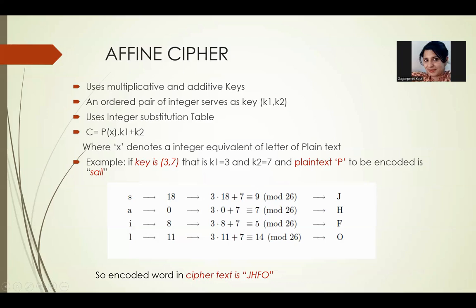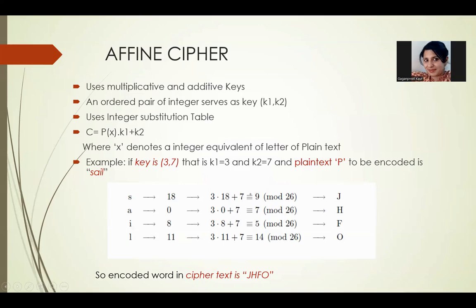Similarly, for A, it is 3 into 0 plus 7. 7 mod 26 is 7 only. Then 3 into 8 is 24. 24 plus 7 is 31. 31 minus 26 is 5. And 3 into 11 is 33, plus 7 is 40. 40 mod 26 is 40 minus 26, which is 14.